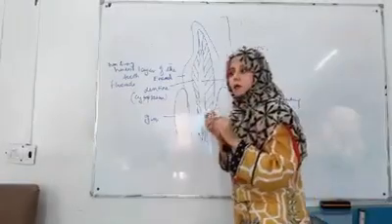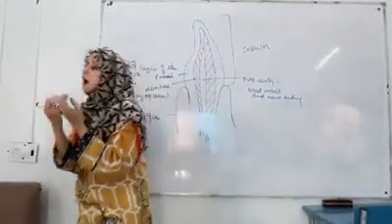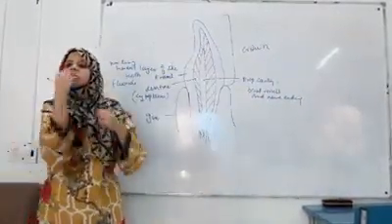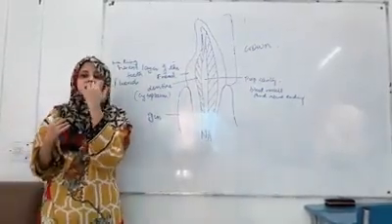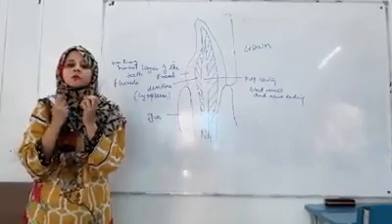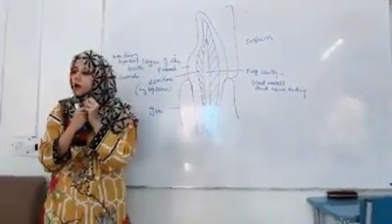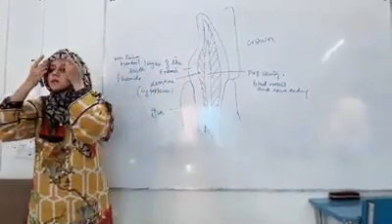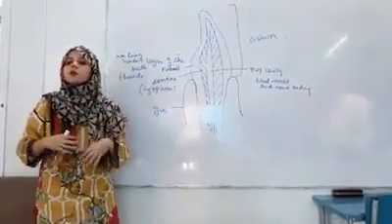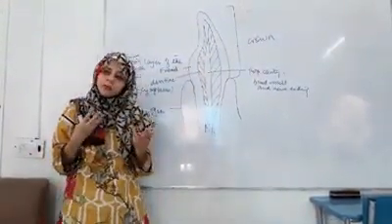So what is crown? Crown is the exposed part of the teeth which is present in the buccal cavity. The part of the teeth which is embedded in the gum is called root. So teeth has three main parts.